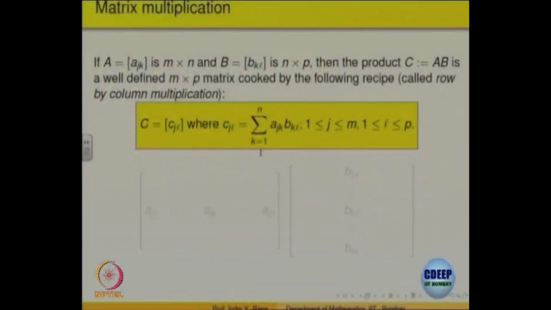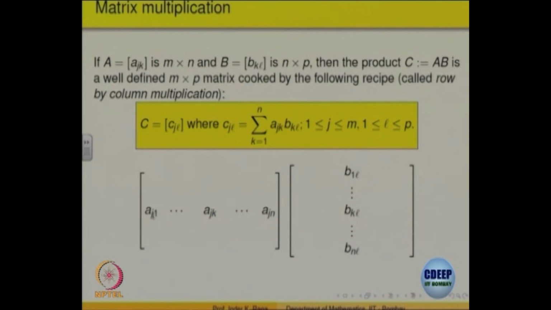Like in functions, you have composition of functions. Later on, we will define a linear transformation, and composition of linear transformations will correspond to matrix multiplication. We will tie this up a bit later. For the present you just have to remember this way. So, this is matrix multiplication.